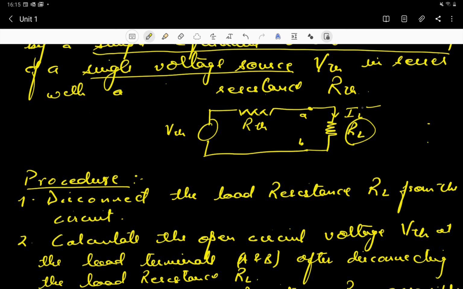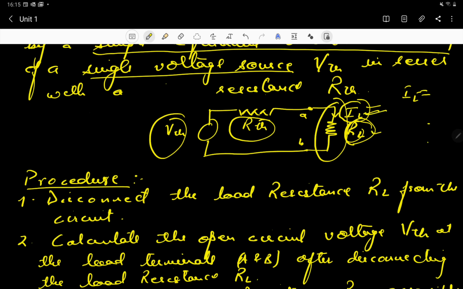All right. Now from this circuit, you can see, if you want to calculate this current IL, then what is the current? Simply current is voltage upon resistance. IL will become VTH upon the total resistance, that is RTH plus RL. Okay, this should be your load current. And once you get to know the load current IL, if you want to calculate the voltage across the load terminal, simply V equals IR.